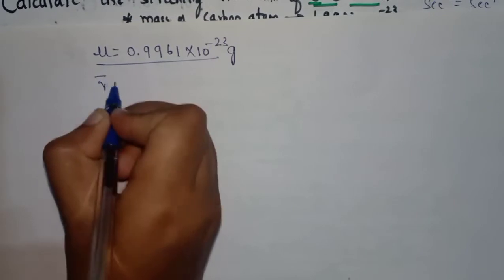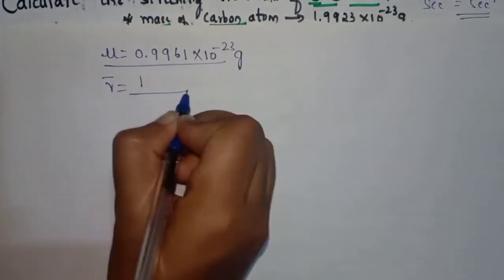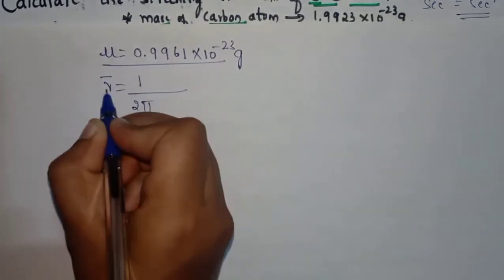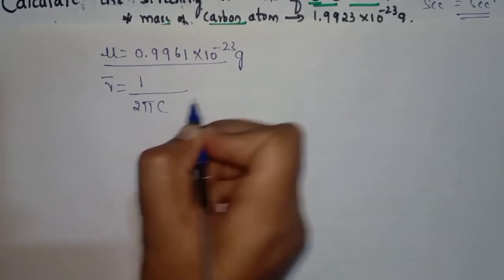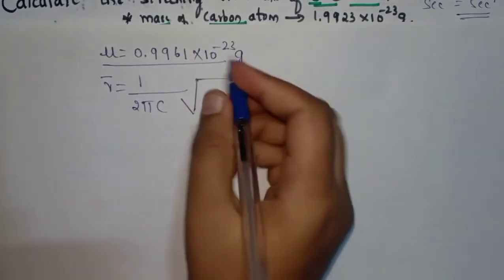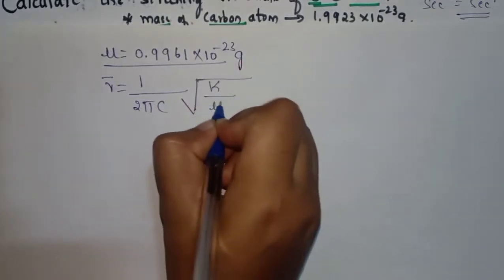Now let us substitute all the values in the equation. Nu bar is equal to 1 by 2 pi c root of k by mu.